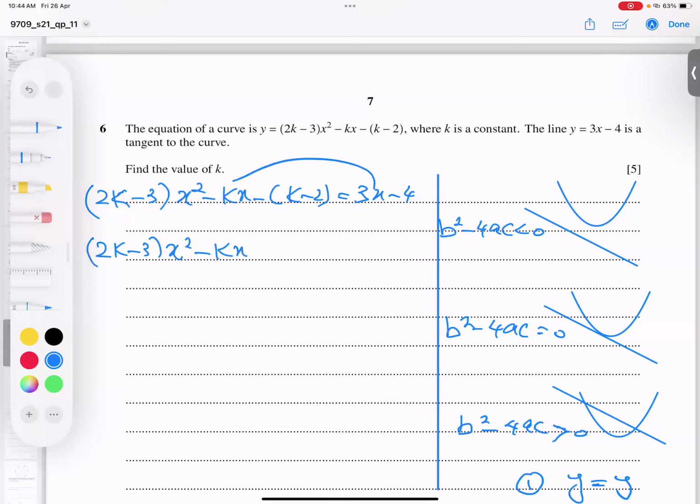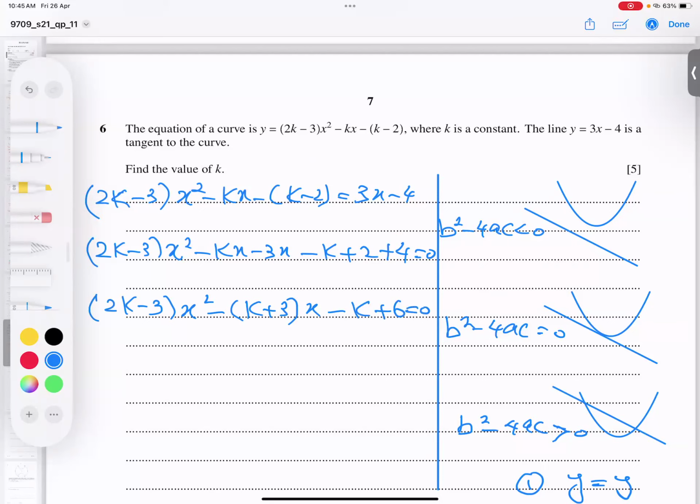This 3x comes to this side, I will get negative 3x, and opening the bracket, I get negative k plus 2, and plus 4 equals 0. This 4 comes there, becoming plus 4. So I keep this as it is. Here the best idea is to take (k plus 3) and x common out. Here I got negative k plus 6 is equal to 0.